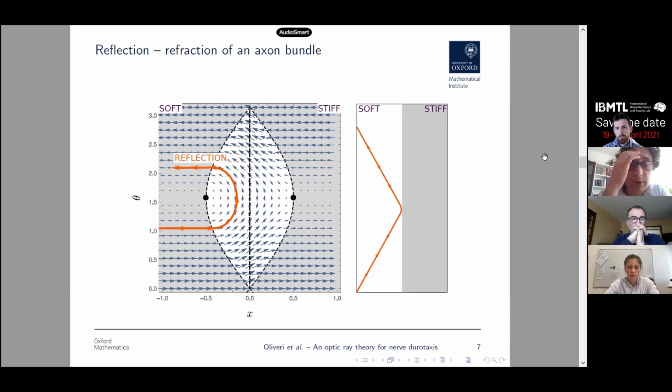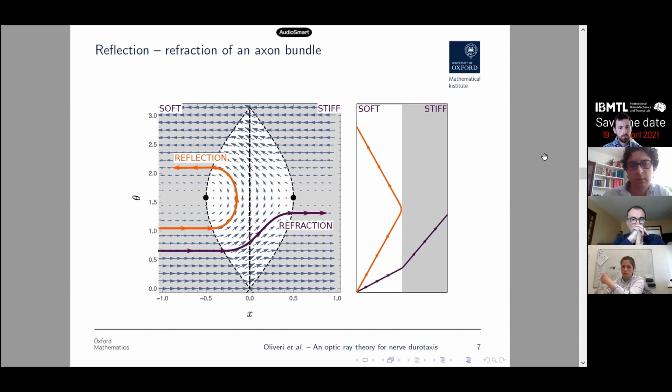If we start from a given angle and shoot the bundle at the interface, we see that the trajectory in the phase plane makes a kind of U-turn around this fixed point and exits the interface from the same side, which in physical space resembles a reflection regime where the axon sort of bounces against the interface.